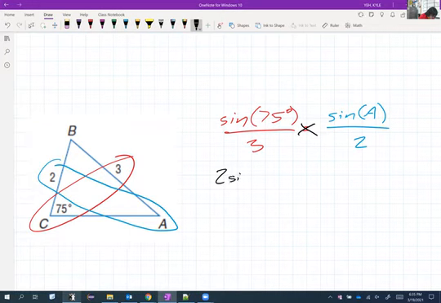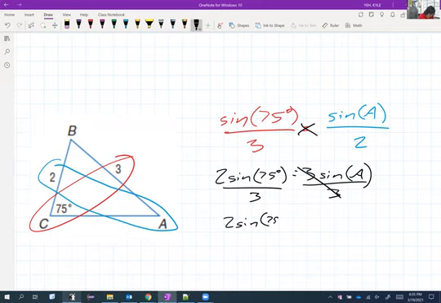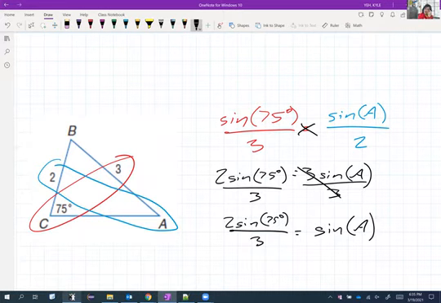So 2 sine of 75 degrees is equal to 3 sine of A. I know I need to get A by itself. Step 1, divide by 3. So 2 sine of 75 degrees over 3 equals sine A. And if you think back to earlier in this chapter, you actually do know, how do we get A out of a sine?